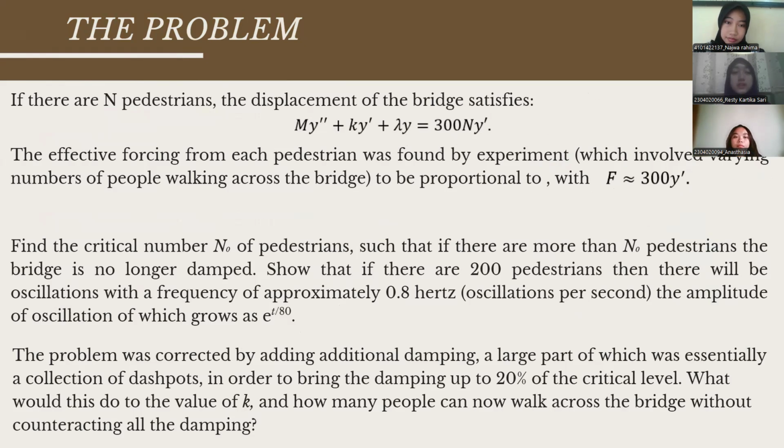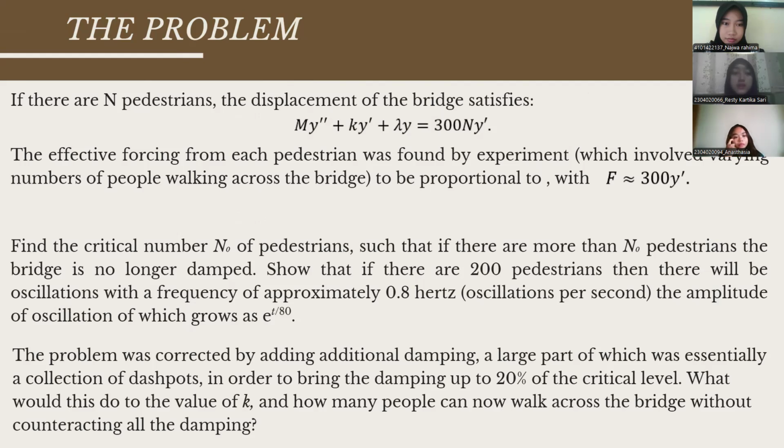If there are n pedestrians, the displacement of the bridge satisfies these equations. The effective forcing from each pedestrian, found by experiments involving varying numbers of people walking across the bridge, is proportional to y', with F approximately 200 y'.